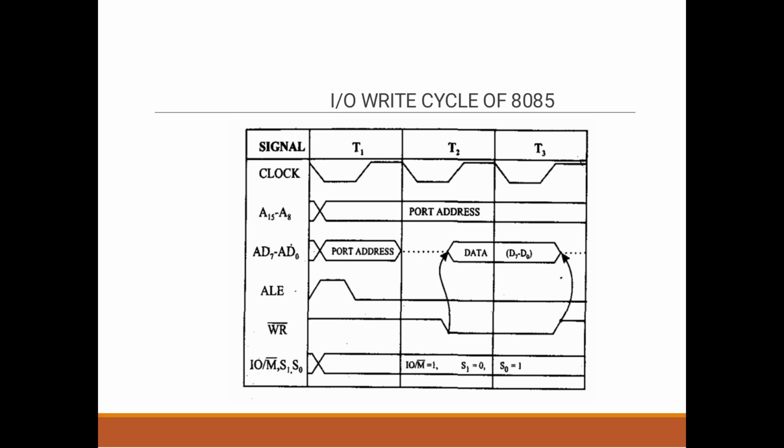ALE, address latch enable, is active high in the T1 state and active low in the T2 and T3 states. The write bar signal is active low in the T2 and T3 states. IO/M bar is equal to 1, S1 is equal to 0 and S0 is equal to 1.